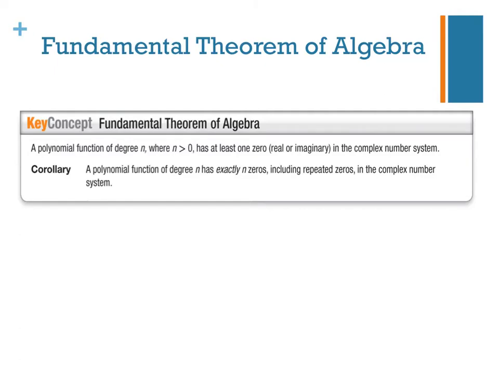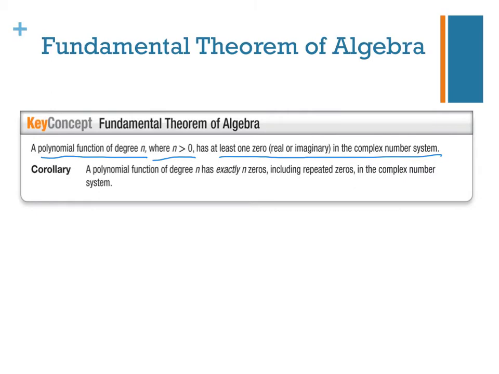Alright, we're moving on to the fundamental theorem of algebra. The fundamental theorem of algebra states that a polynomial function of degree n, so its highest exponent, where n is greater than 0, has at least one zero that's real or imaginary in the complex number system.